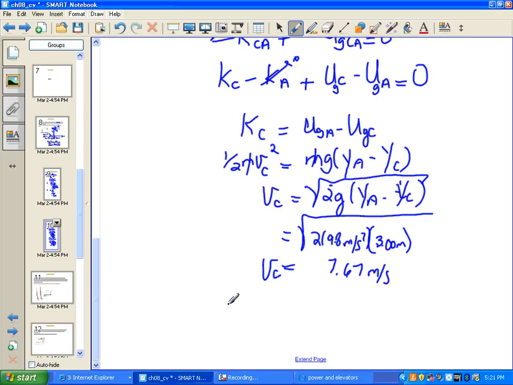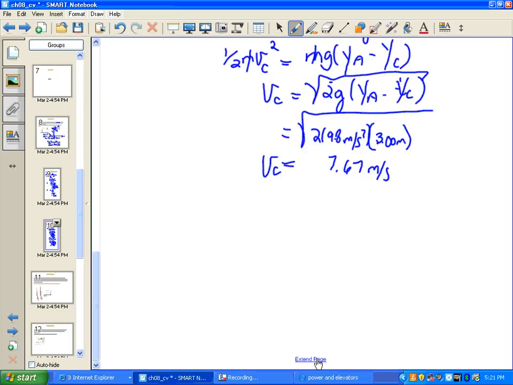Part B of the problem asks us to determine the net amount of work which is done by F_g, the force of gravity, in the process of going from y_A to y_C.